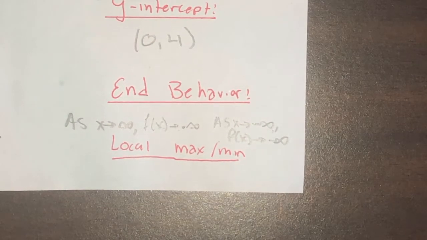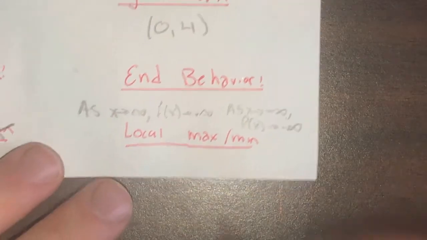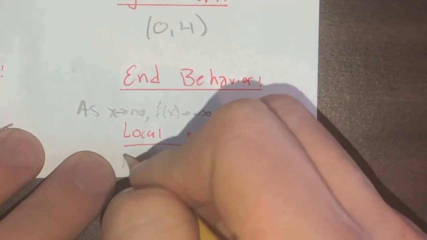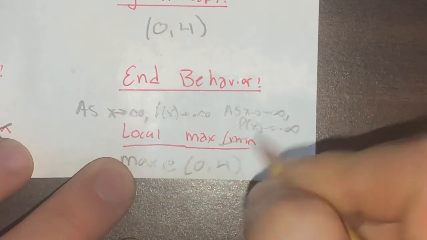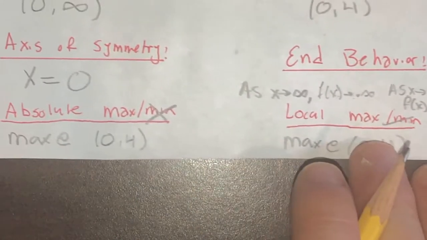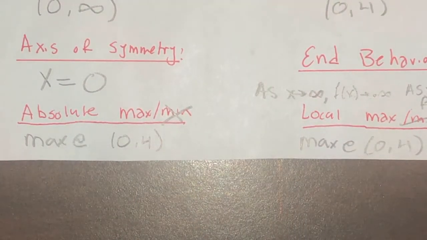One thing I left off, any local maxes or mins. Is there any place where y goes from increasing to decreasing? No mins, but there is a max at 0, 4. And you're going to be like, Mr. Murray, what? These are the same. But if you think about it, every absolute max is also a local max. Remember how we defined it.